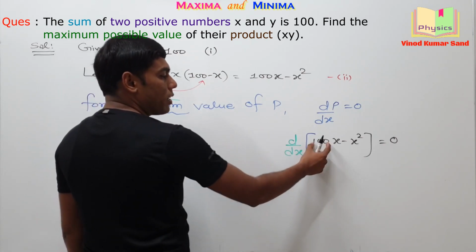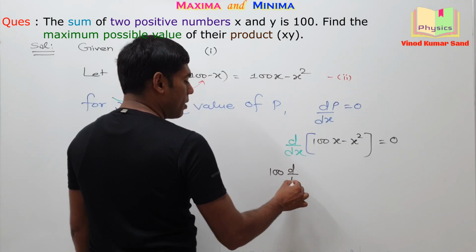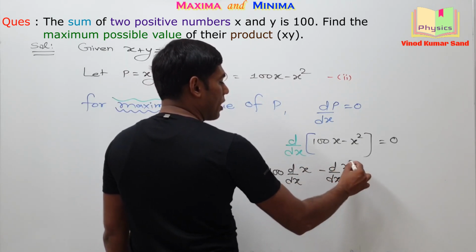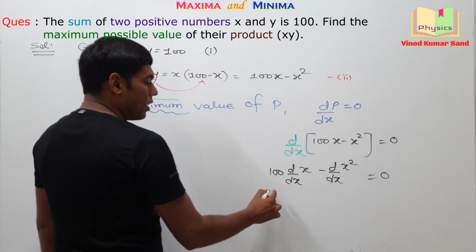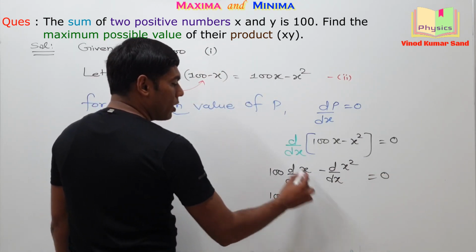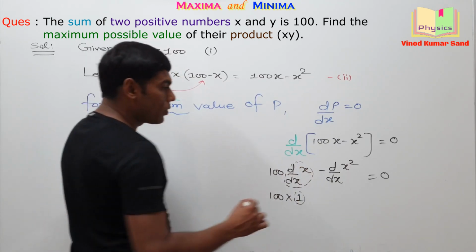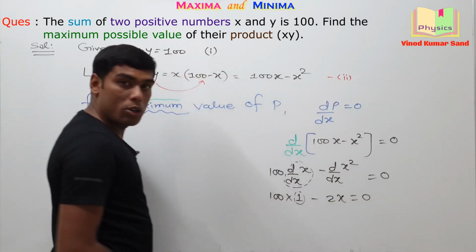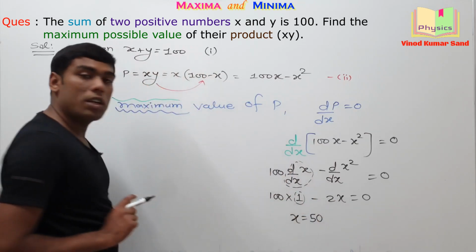We know how to simplify it. 100 is a constant, so it can be written outside: d by dx of x minus d by dx of x square, all this equal to 0. 100 into 1, since d by dx of x becomes 1, minus d by dx of x square, I hope you remember, becomes 2x. So when you simplify it, x comes out to be 50.